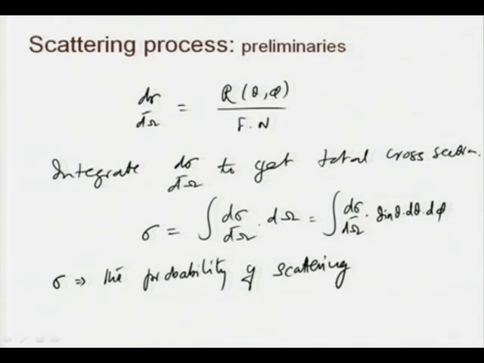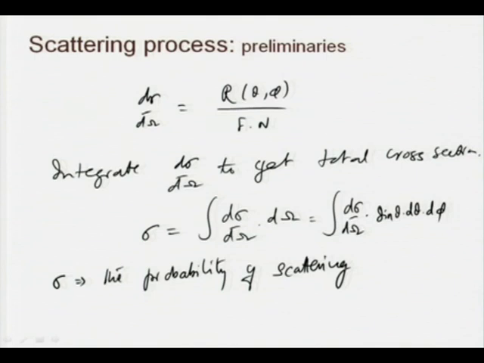So, this will give you the probability of detecting the particle anywhere around that scattering center, the total probability. Okay. All right, there is one more small piece of this that we want to discuss, but maybe we will discuss that in the next class.